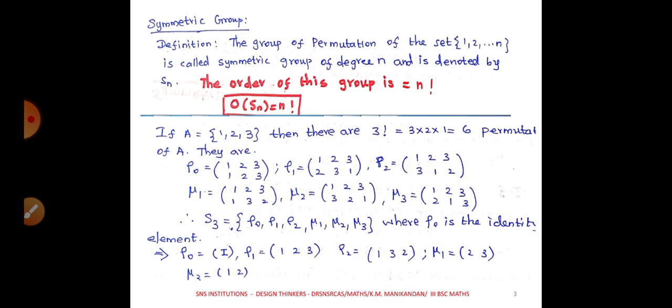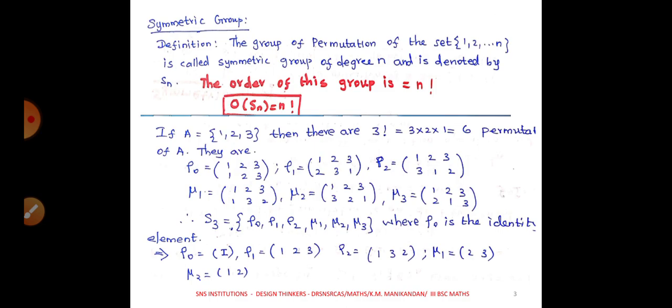Now we give an example for the symmetric group of symbol 3. Let the set A consist of the 3 elements 1 to 3. Then there are 3 factorial elements, and the elements are permutations. We define the permutations: rho naught maps 1 to 1, 2 to 2 and 3 to 3. Rho 1 maps 1 to 2, 2 to 3 and 3 to 1.